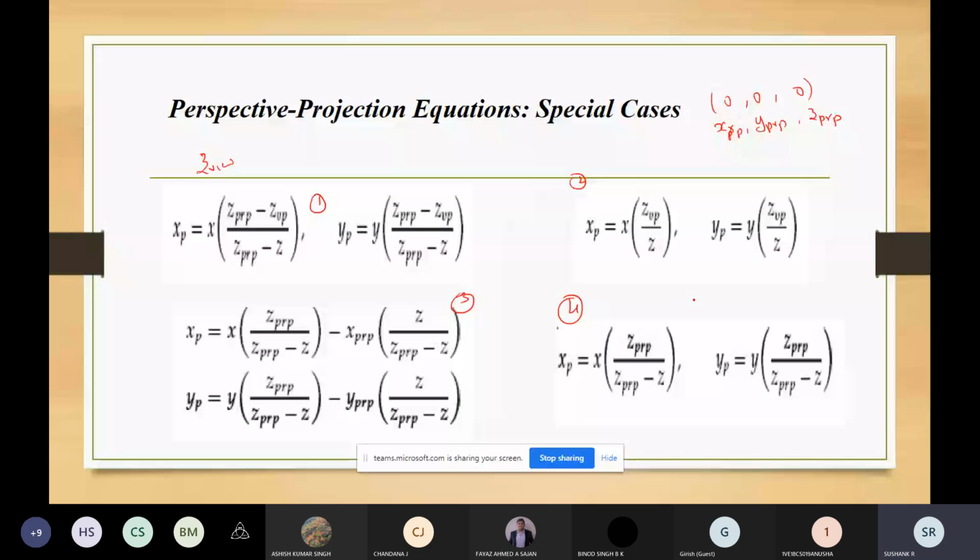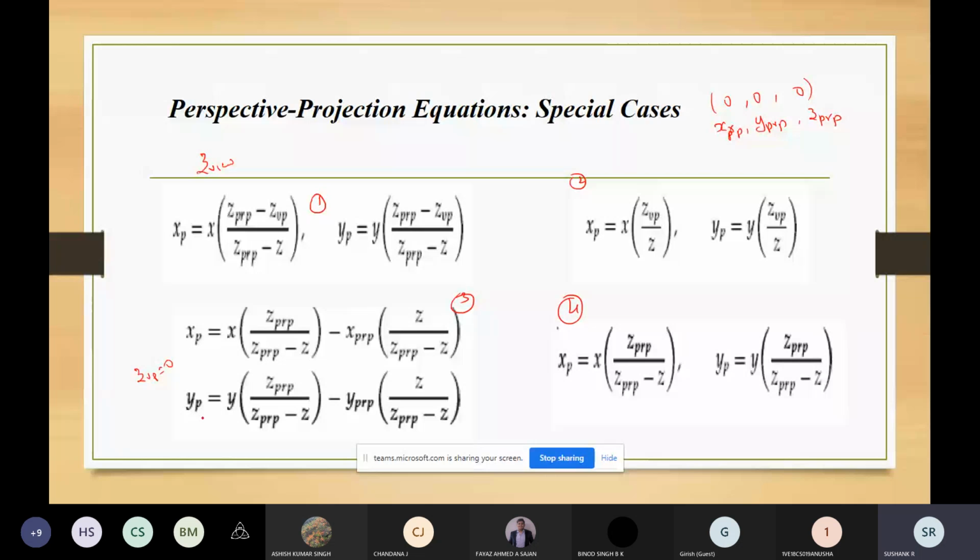The third situation is where the view plane is the UV plane, and we don't have any restrictions on the placement of the reference point. In that situation, ZVP will be 0.